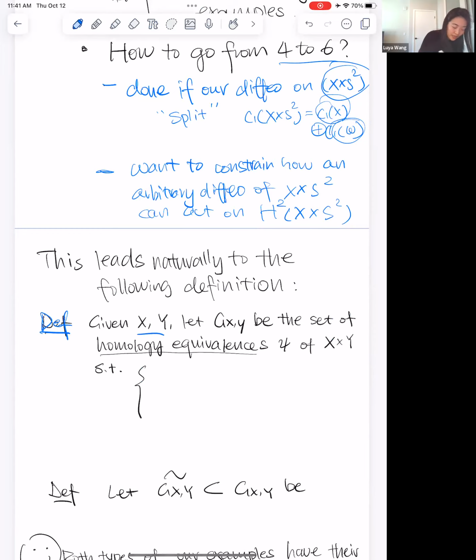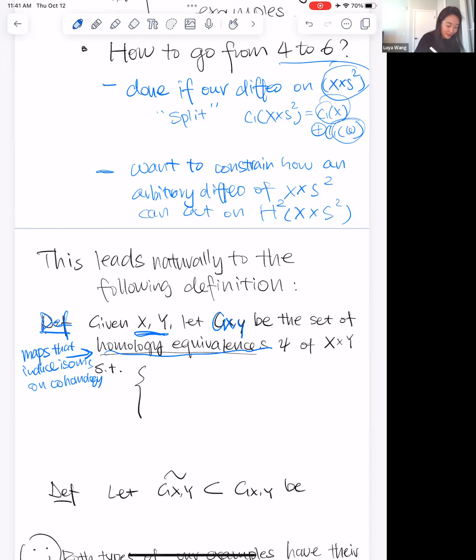Given two spaces X and Y, we define G sub XY to be the set of homology equivalences, so this means maps that induce isomorphisms on cohomology. Maybe we should have called it the cohomology equivalences.